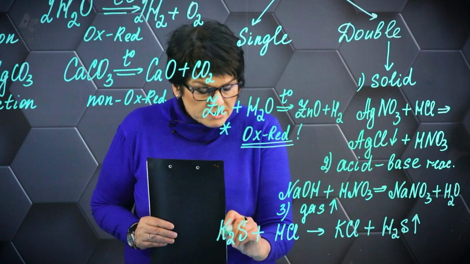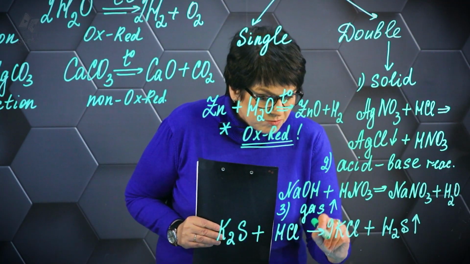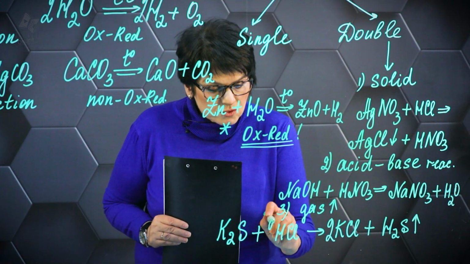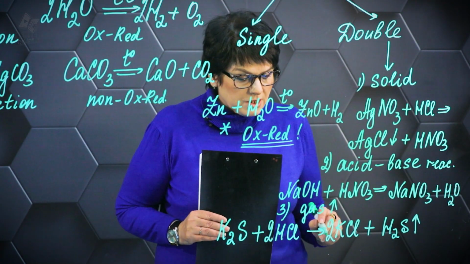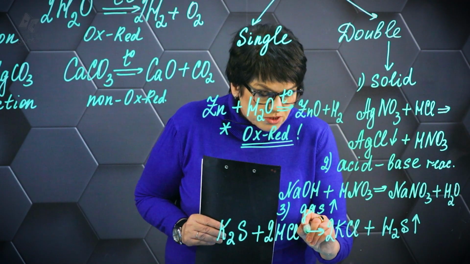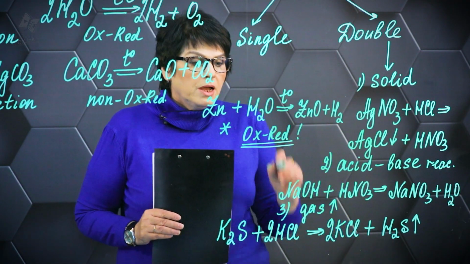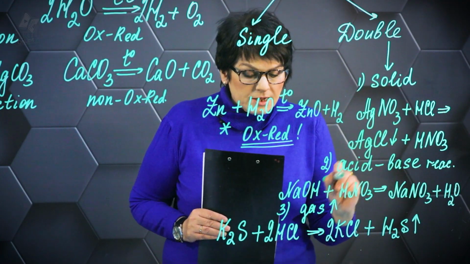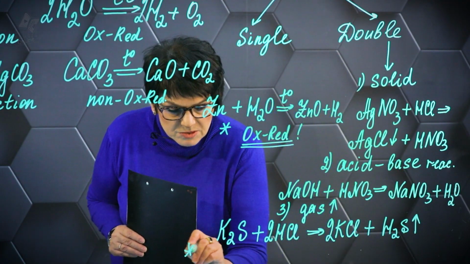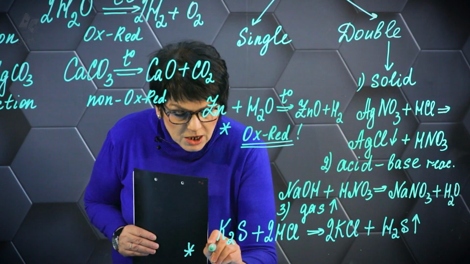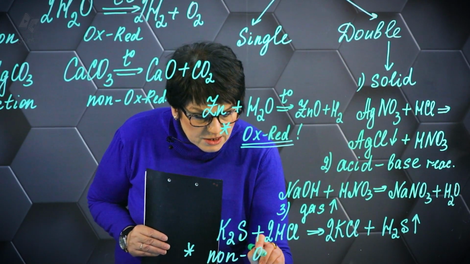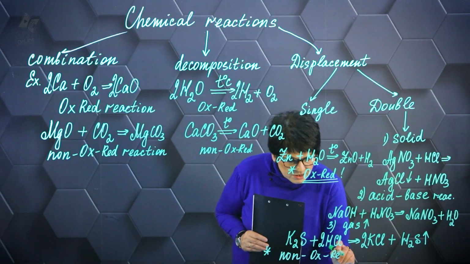Let's equate: we put a 2 in front of potassium chloride, and in front of hydrochloric acid we need to put a factor of 2 also. Such a reaction is irreversible. And now pay attention. Such a reaction will always, and I will write it here with an asterisk, be necessarily not redox.